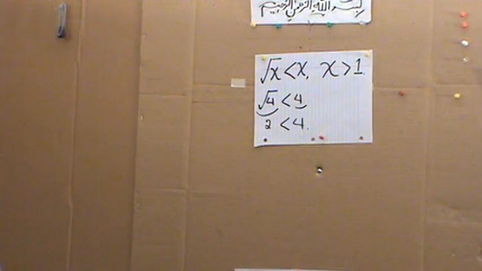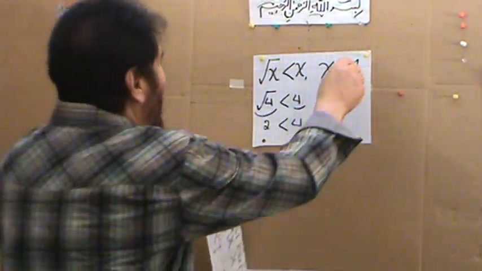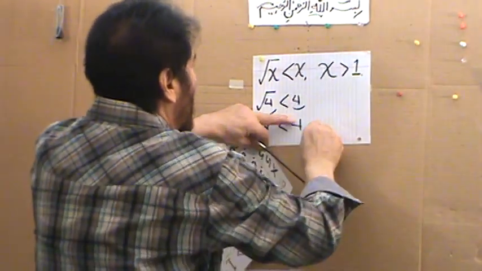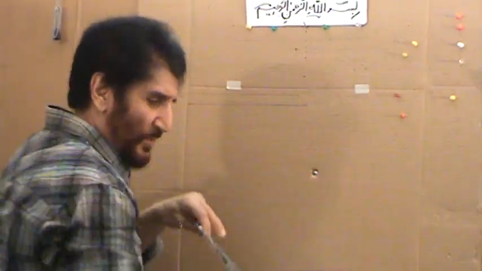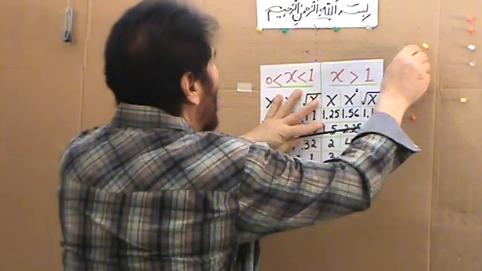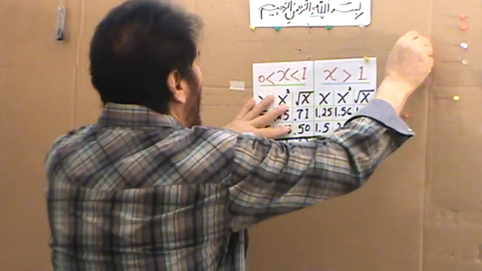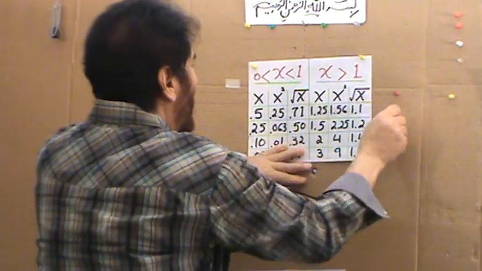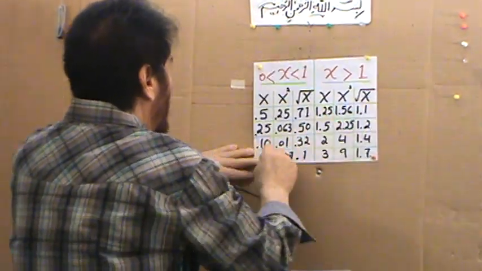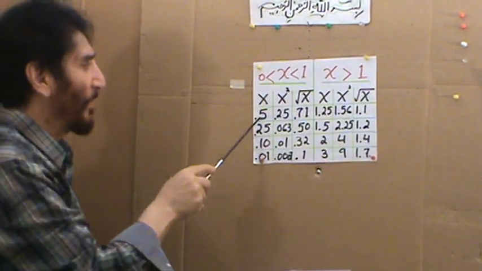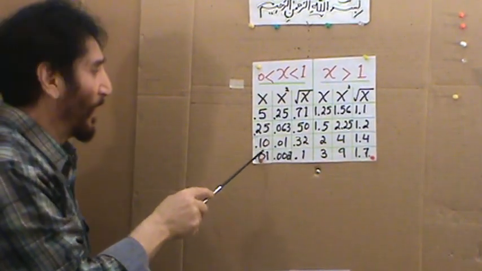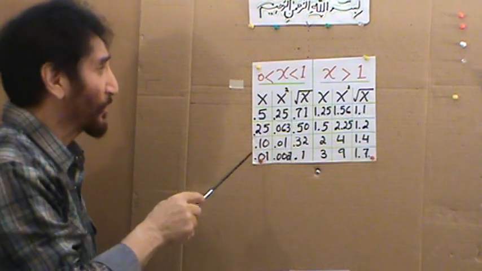Then I have also put this in a chart, because data collection is very important. I always encourage my students to do that. And here, as you can see, I'm selecting numbers between 0 and 1 and numbers bigger than 1. Now, these numbers between 0 and 1 are 0.5, 0.25, 0.1, 0.01, and so on.